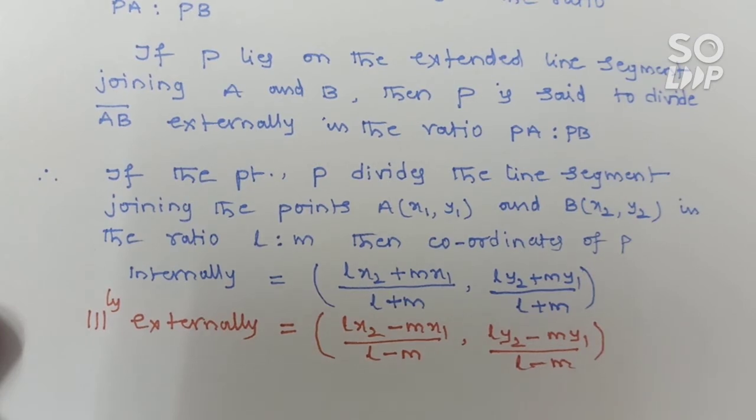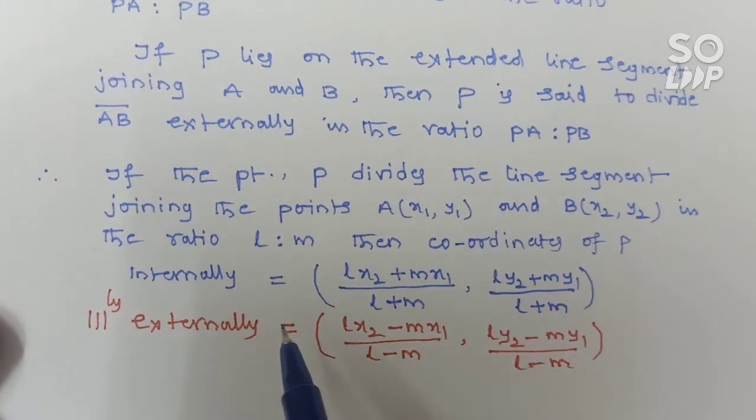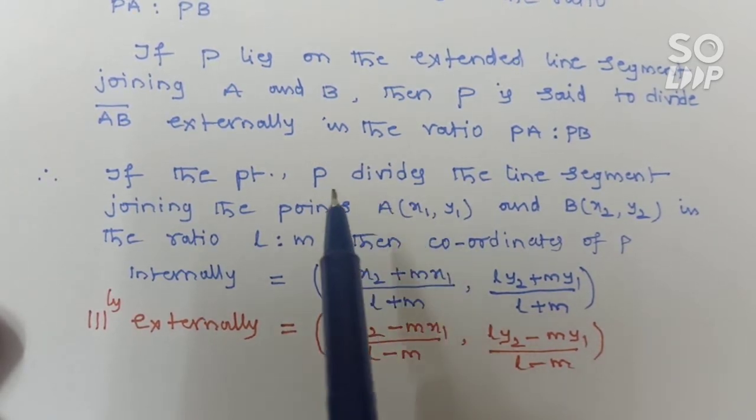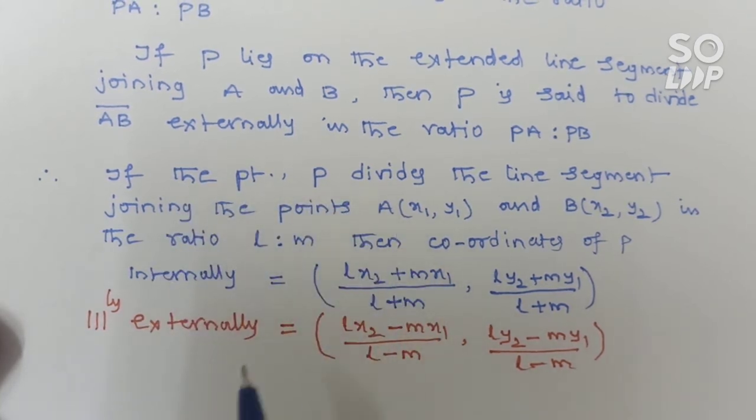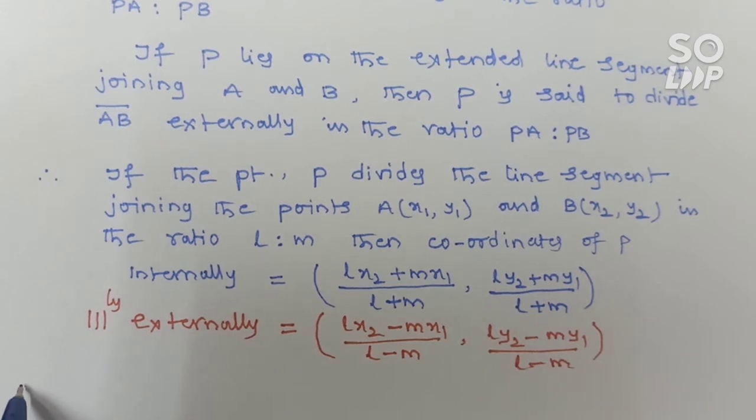Okay. Now after this, what is the conclusion? If any point divides the line segment, those points must be collinear.